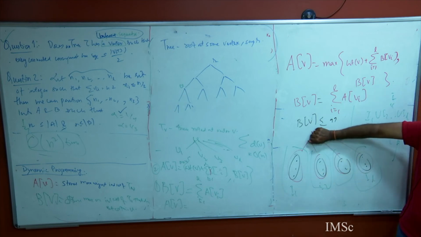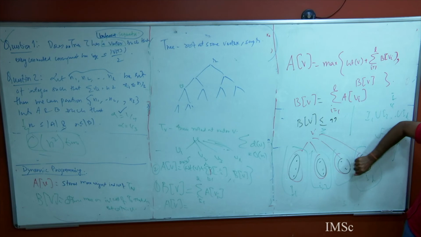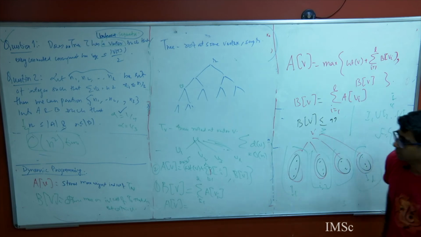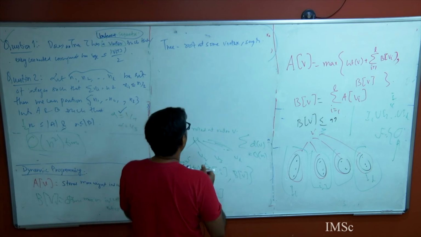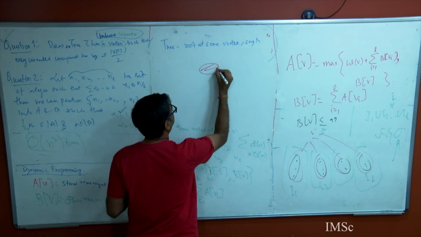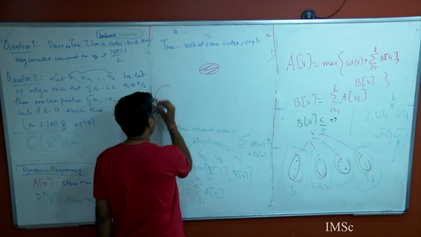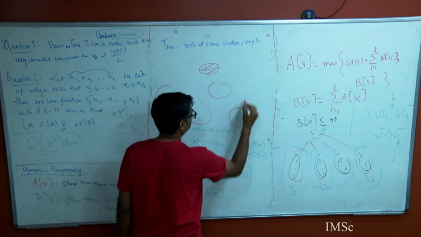If I had some set of vertices and I had connected components here, what if I had some subset of vertices here, some subset of vertices here, and lots of connected components here?